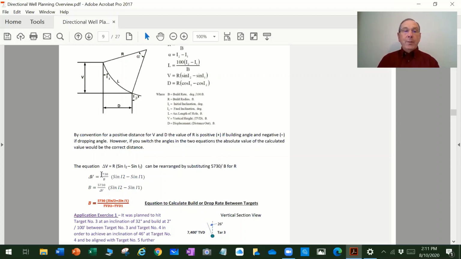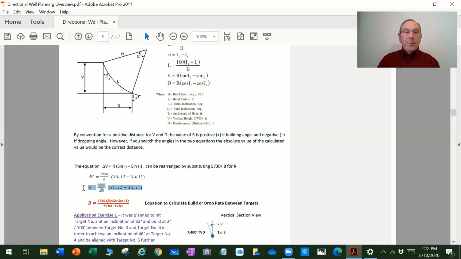If we do that, we end up with this equation. Then we can bring the build rate to the left-hand side of the equation and bring delta V to the right-hand side, and we'll get this equation.